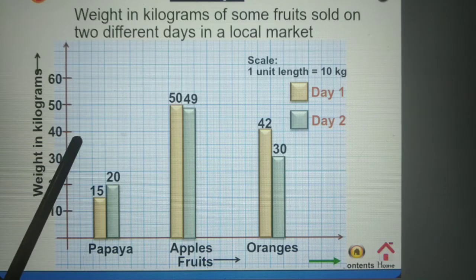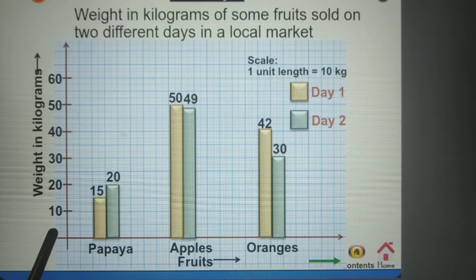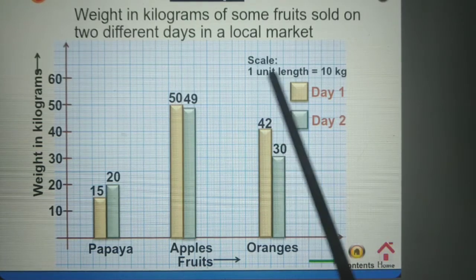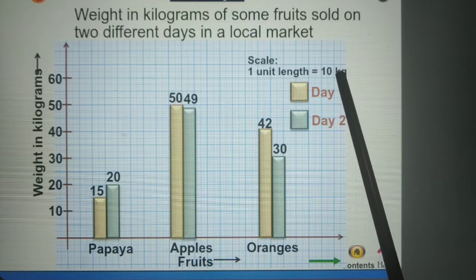Now how do we show this double bar on the bar graph paper? It is the line for 0. Now it is 1 unit, then 10 units. See the scale here. 1 unit length is equal to 10 kilograms.